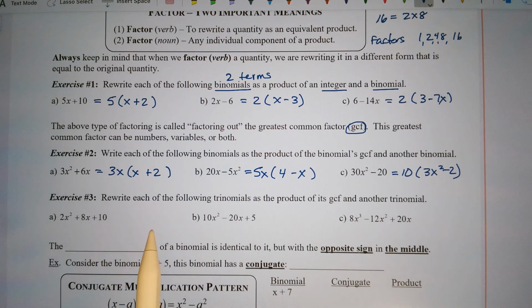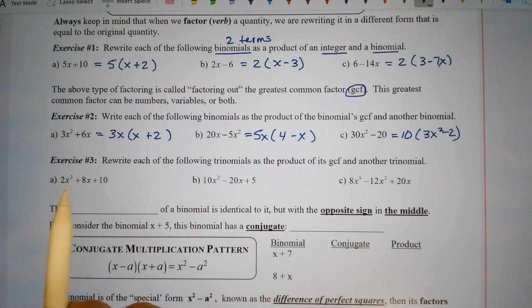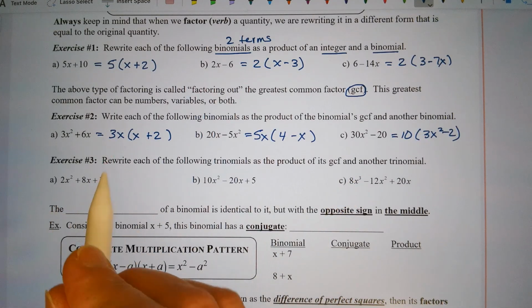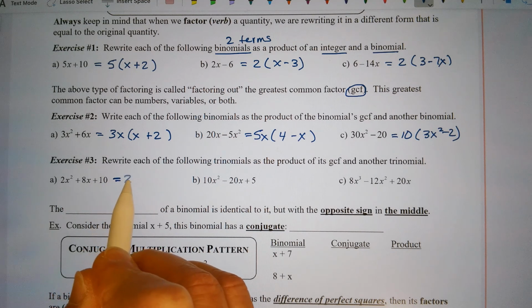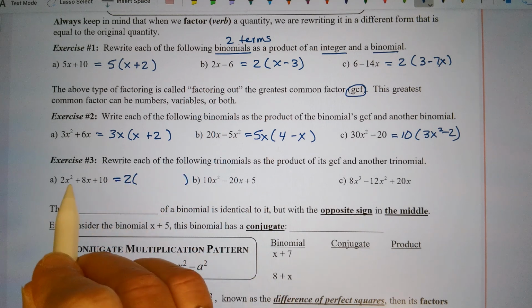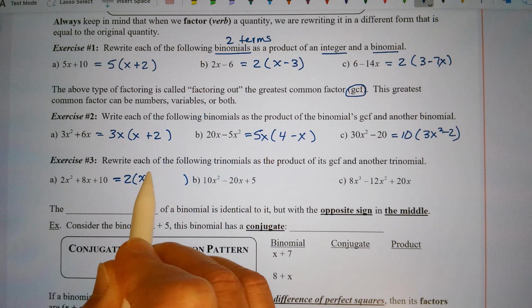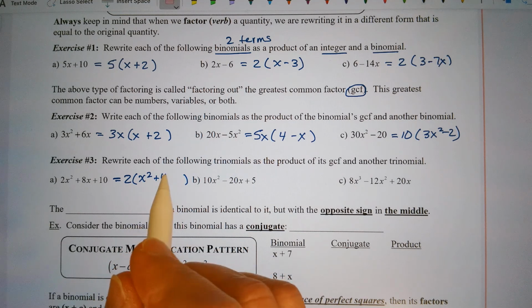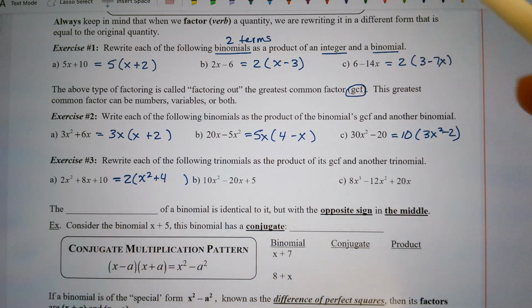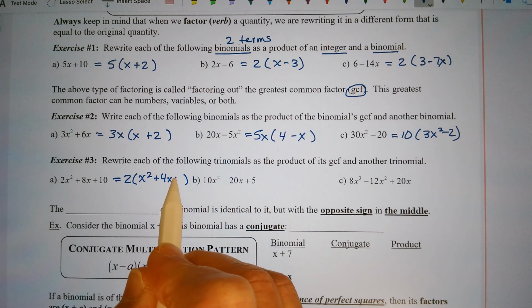Exercise 3, rewrite each of the following trinomials as a product of its GCF and another trinomial. So we have 3 terms. What's common to all 3 is 2. Factor out 2 from each term. We get x squared plus 4x plus 5.